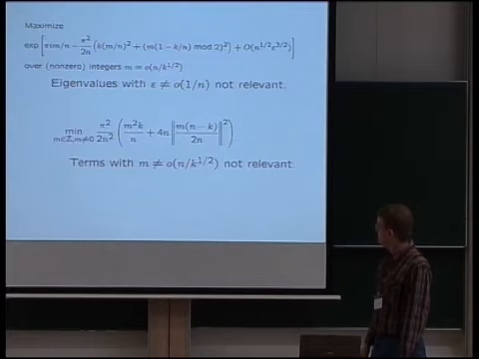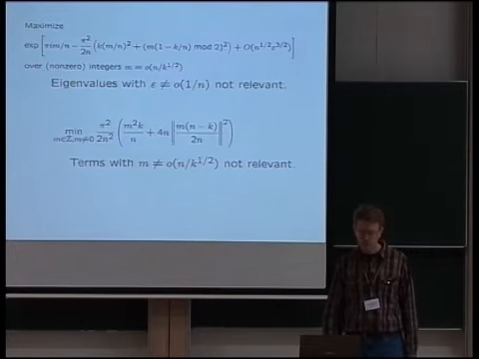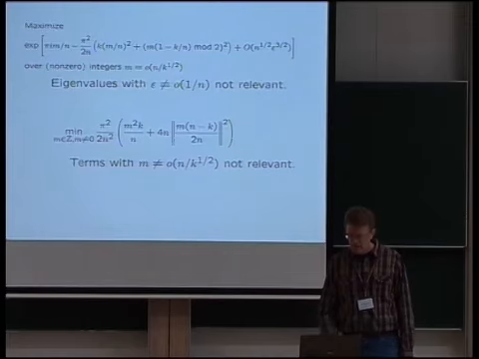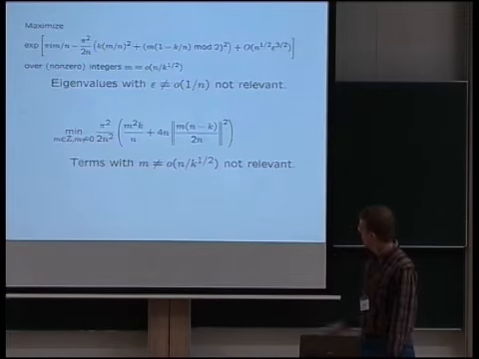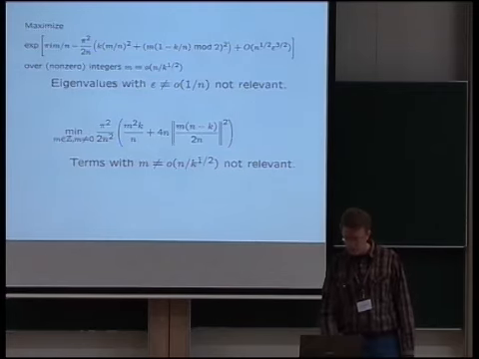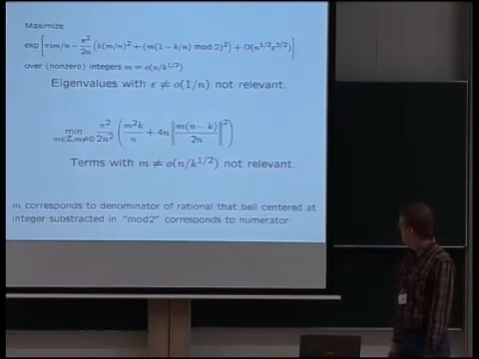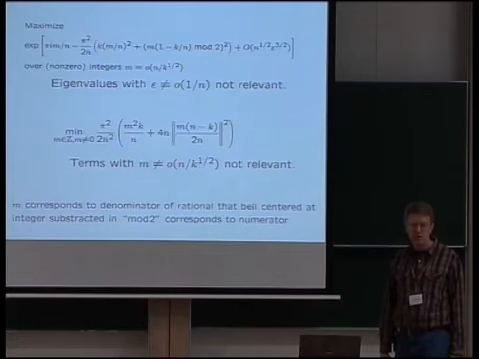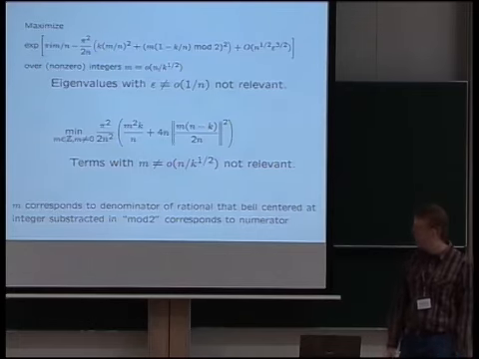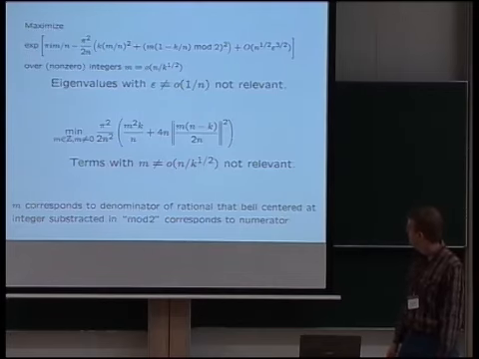And there's some special argument to show that you don't have to worry about m equal to 0. Anyway, in the end we get this expression for the spectral gap. And m more or less corresponds to the denominator of the rational at which the bell is centered.